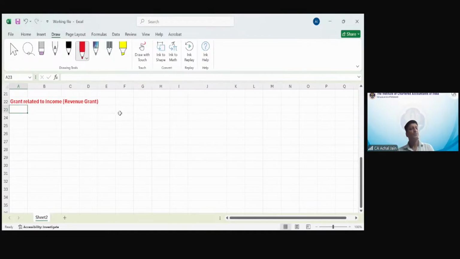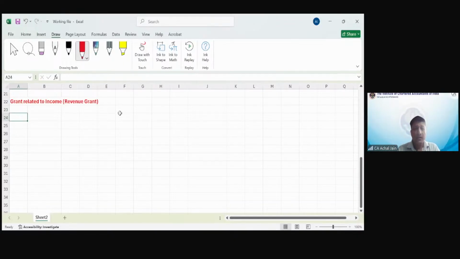Now, for this grant related to income or the revenue grant, here again, there are two options. Similar to the two options that you had for capital grant, you have two options for revenue grant. Now what are those two options?